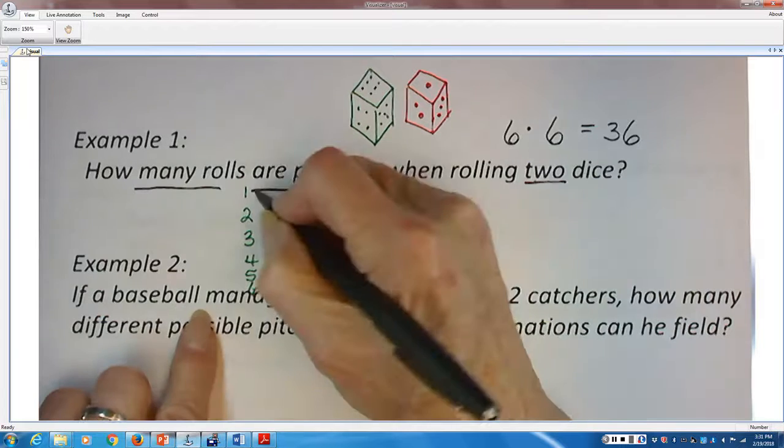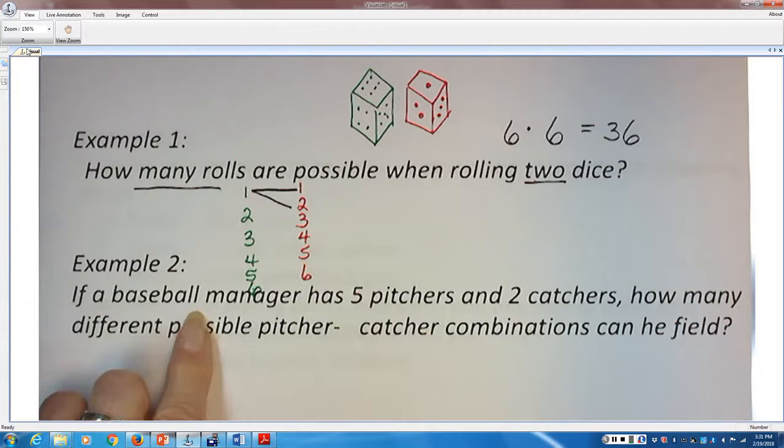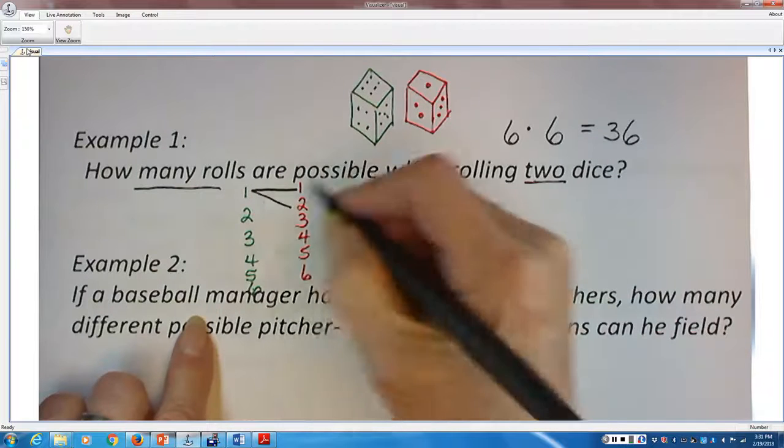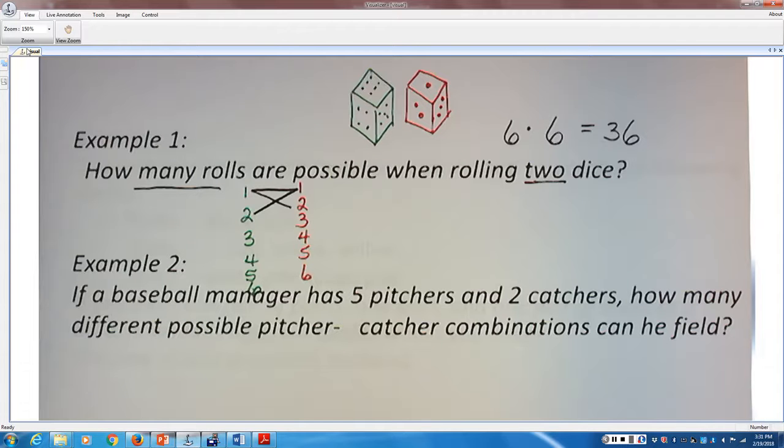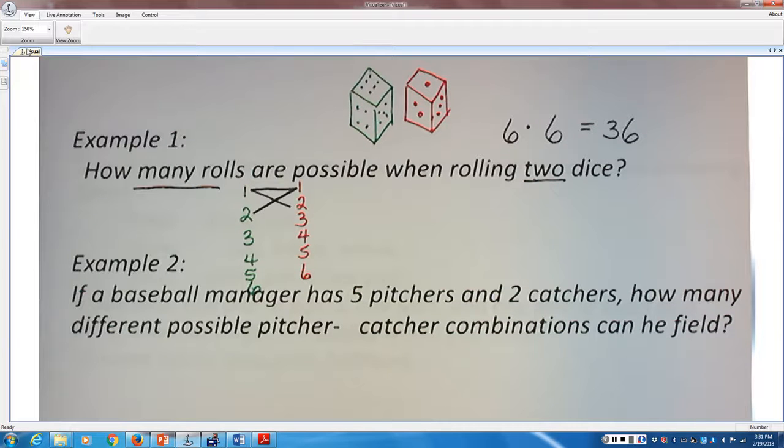But 1, 2 doesn't look anything at all like 2, 1. Because a green 2 and a red 1 is not the same as a red 2 and a green 1. Okay? That's where a tree diagram actually comes in to be very handy.